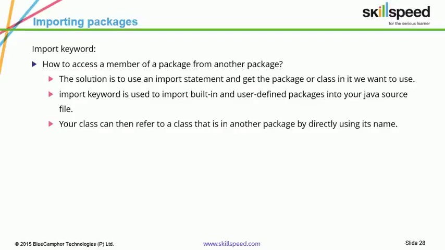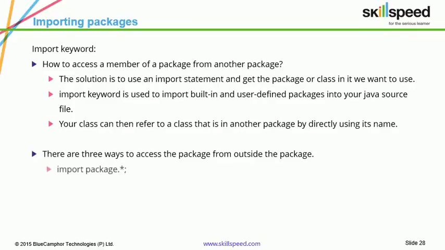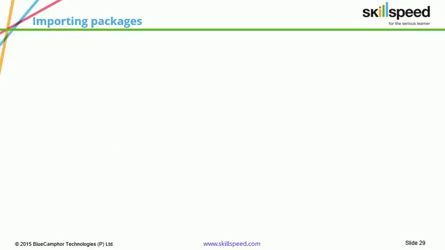Your class can then refer to a class that is in another package by directly using that name. We already discussed three types: import package.*, import packagename.classname, and the fully qualified name. These are the three techniques. Let us look at them in detail along with examples.